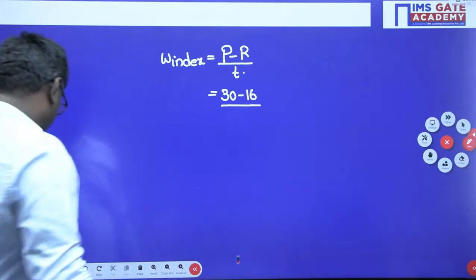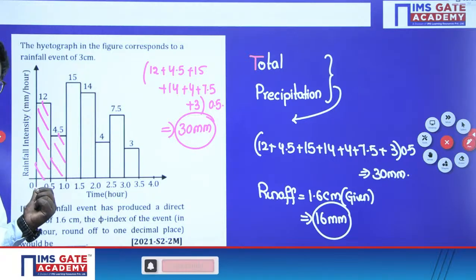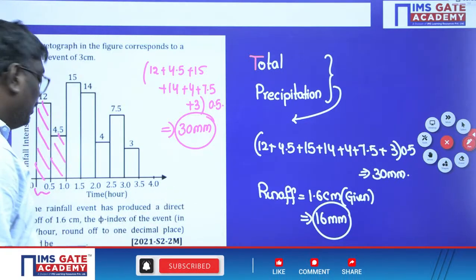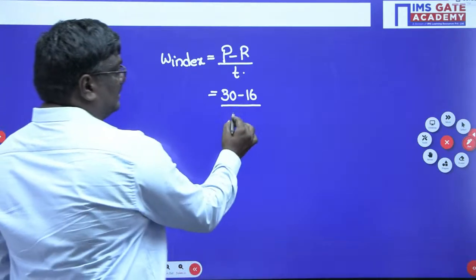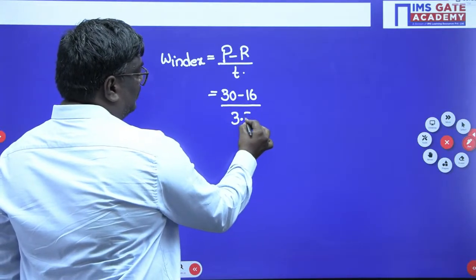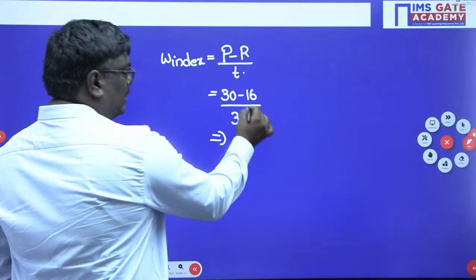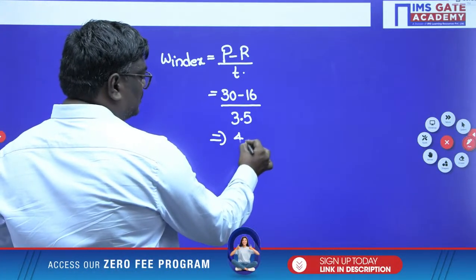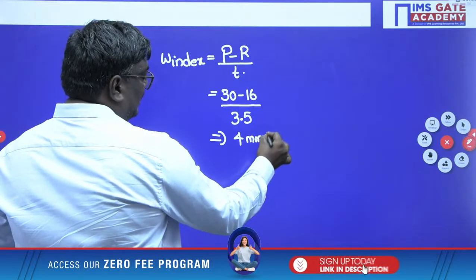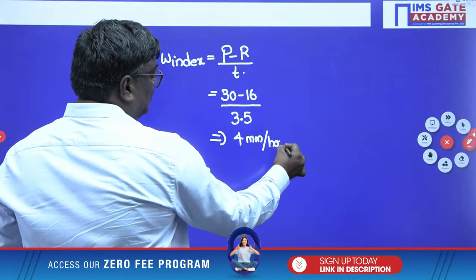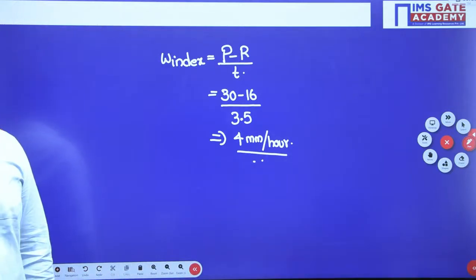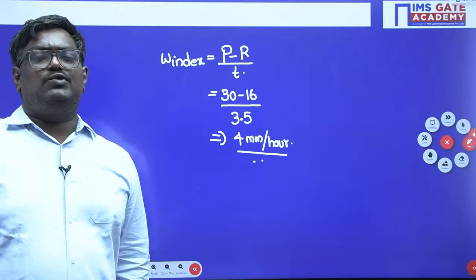Upon time, the total time in the graph is how much? 3.5. So 30 minus 16 divided by 3.5, so this is equal to 14 divided by 3.5. This value will be equal to 4 mm per hour. So the W index is 4 mm per hour.